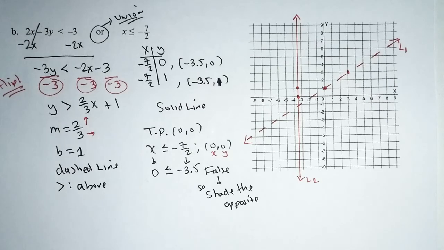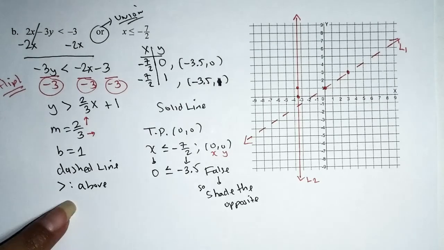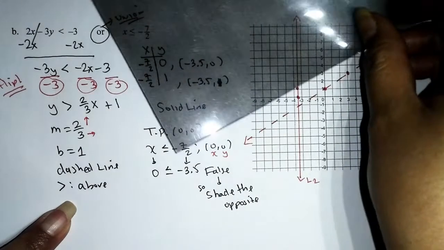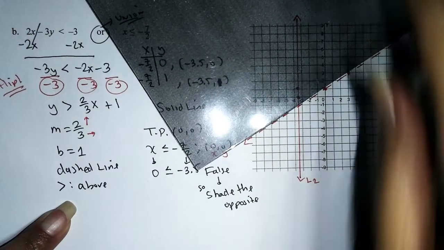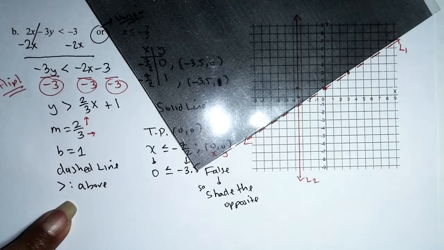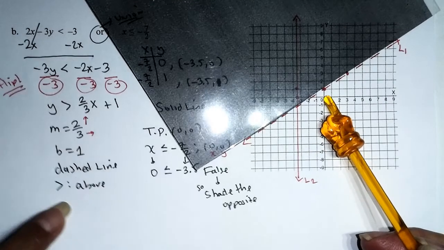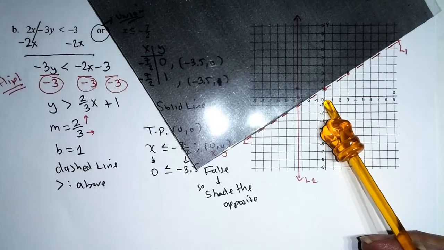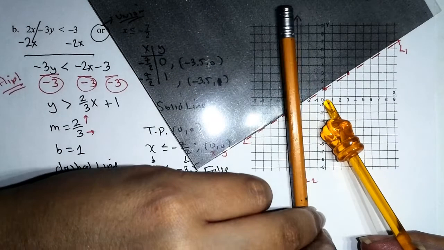For the first inequality, we were going to shade above the boundary line. So here's the boundary line, and the above part is here. For the second inequality, our test point is right here, and our boundary line is right here.